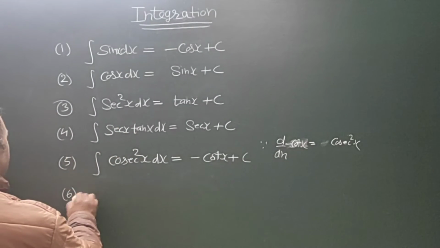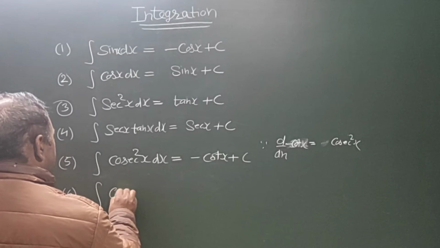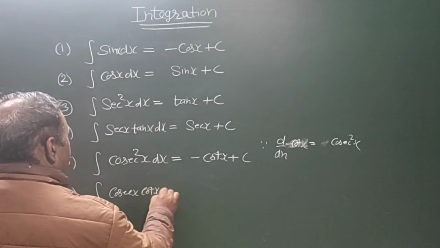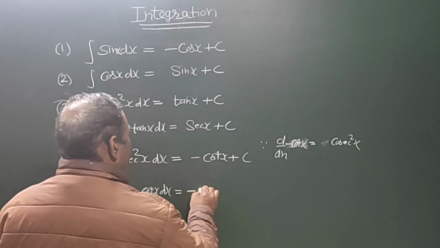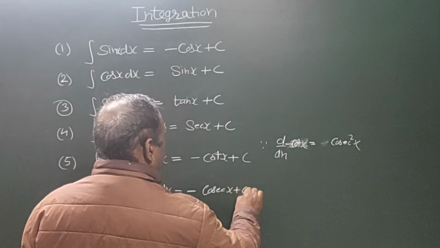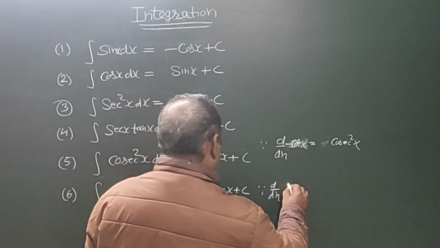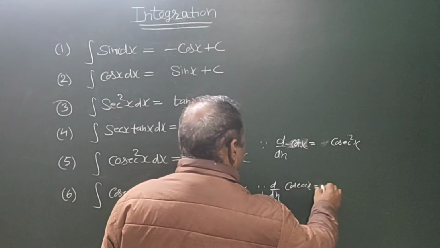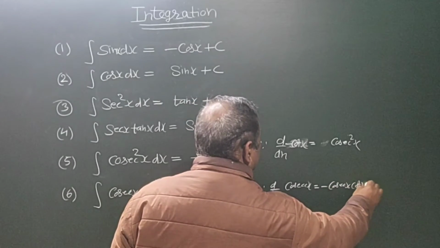Sixth formula is integration of cosecant x into cot x, that is equal to minus cosecant x plus c, because derivative of cosecant x is equal to minus cosecant x into cot x.